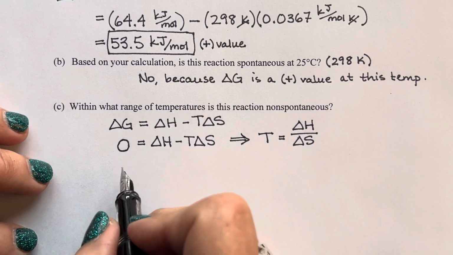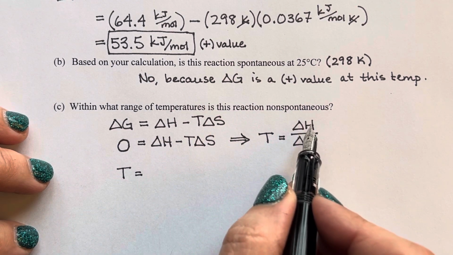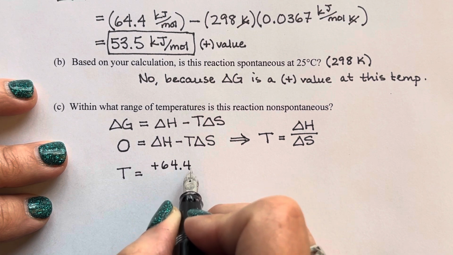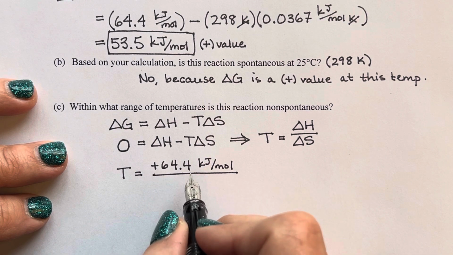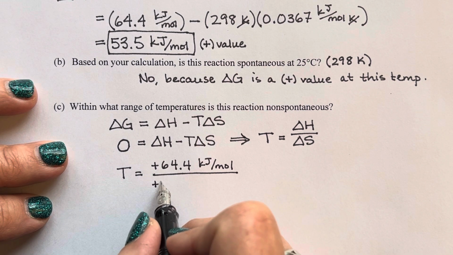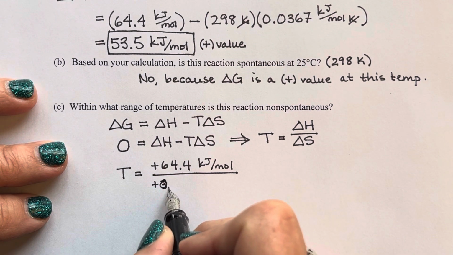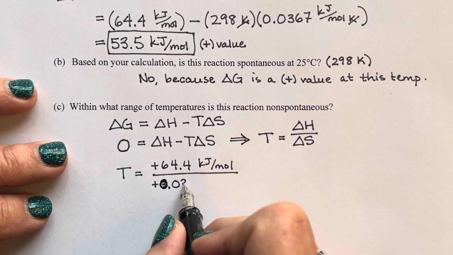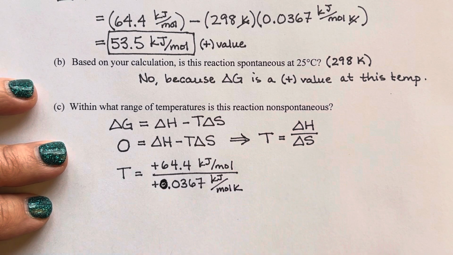Okay, so let's continue here. Temperature equals, let's put in the value of enthalpy, which is plus 64.4 kilojoules per mole. And we'll keep the entropy in kilojoules per mole K again, and that is plus 0.0367 kilojoules per mole Kelvin.